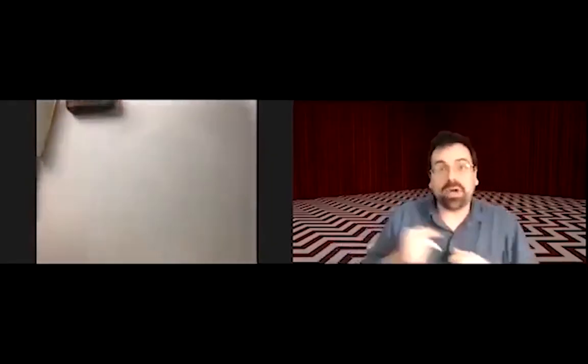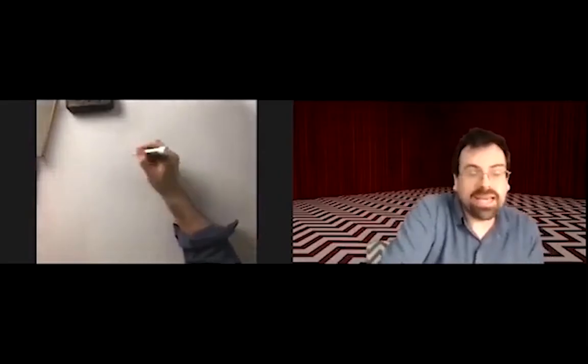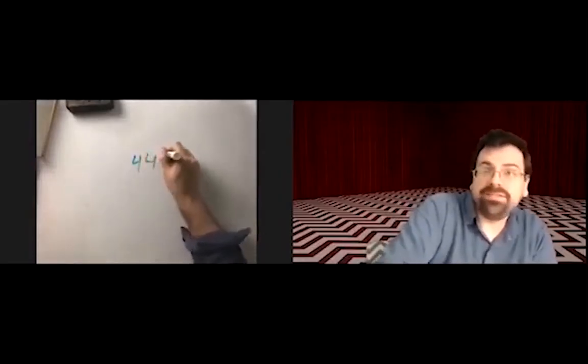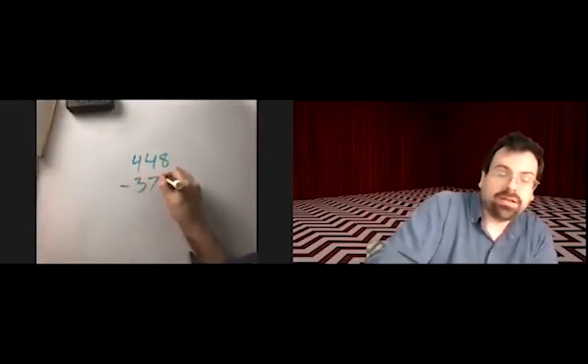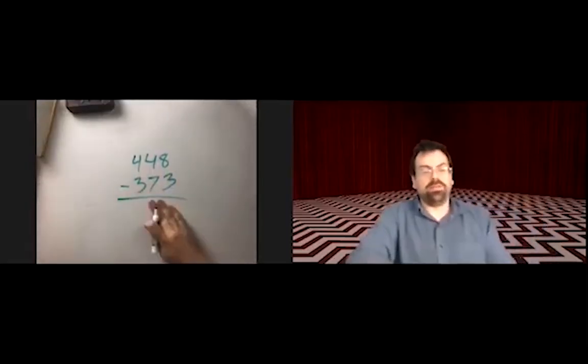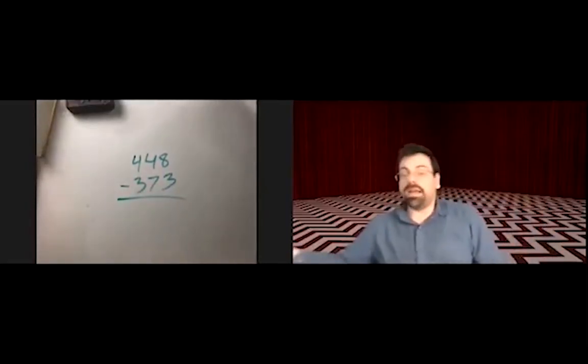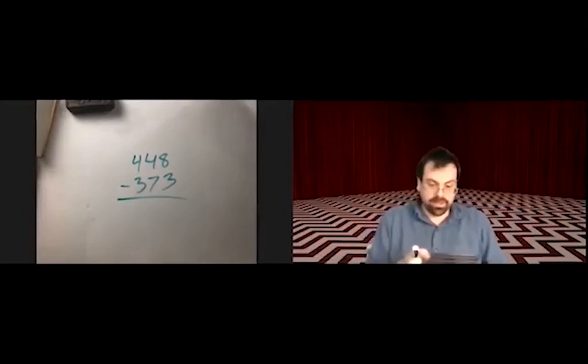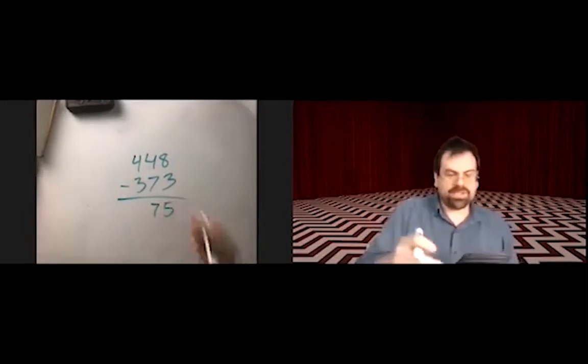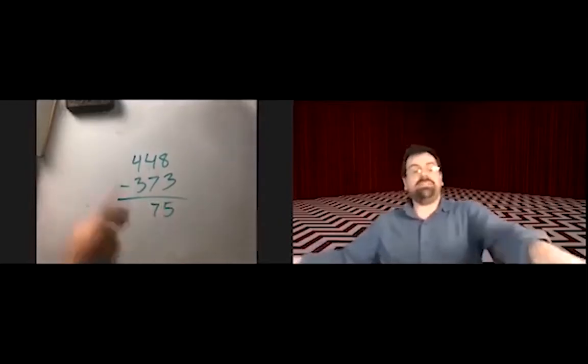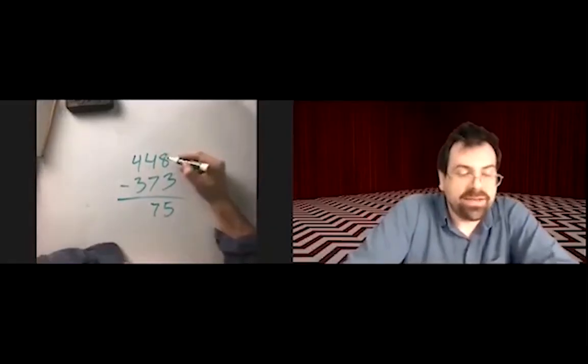We can estimate with subtraction. And since subtraction has all that weird borrowing stuff in it, this, again, I'm going to cheat because we don't want the actual one here. The answer here is 75. Let's estimate by rounding everything to the nearest 10.